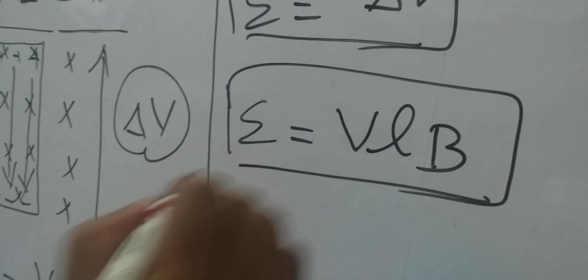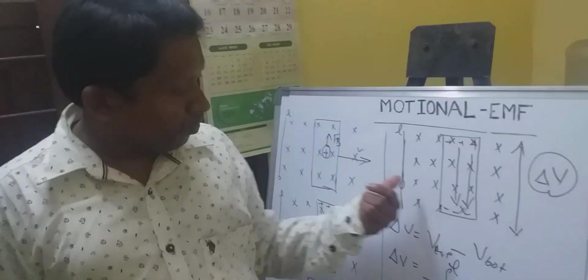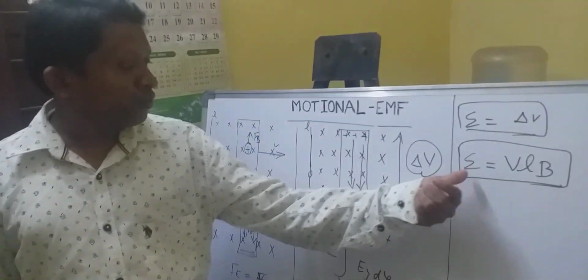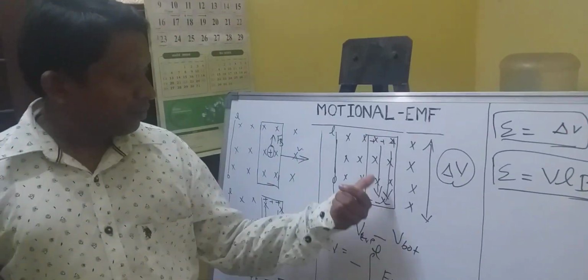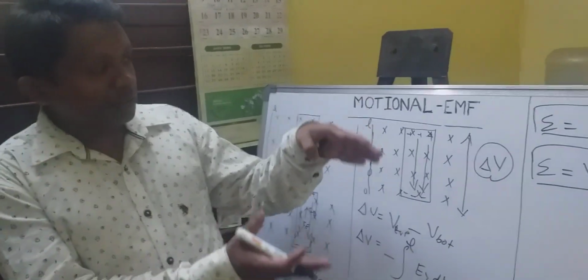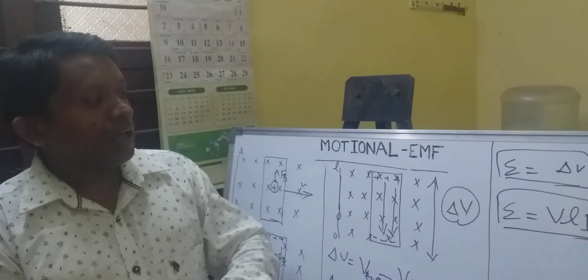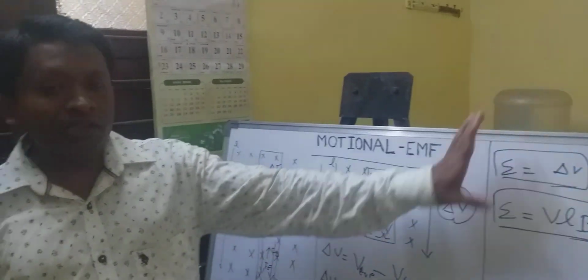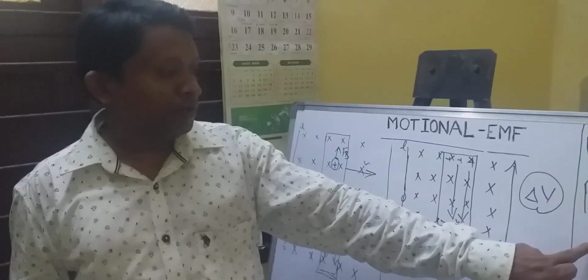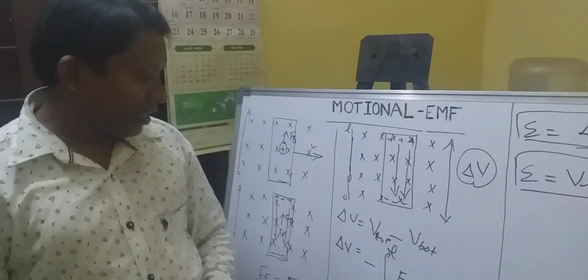This is the motional EMF, because of the moving conductor in the magnetic field: magnetic forces create the charges between the two ends. That is exactly how the potential difference is created in the ideal battery. So from this analogy, we can write the motional EMF is equal to VLB. This is called motional EMF.